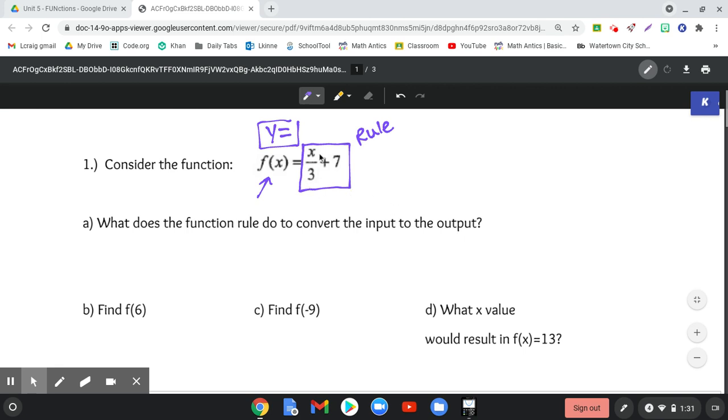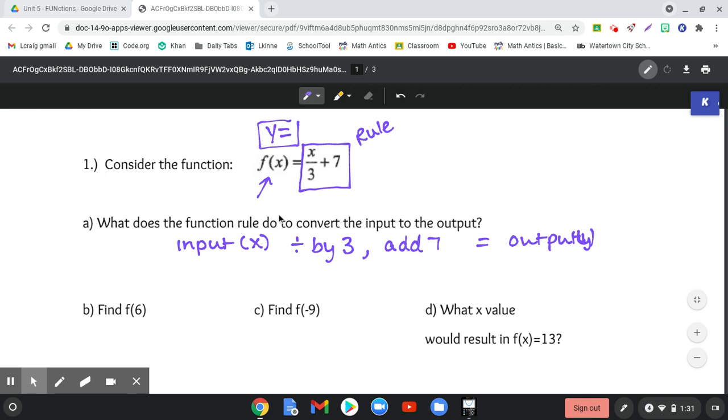Well, this rule says to take the input, which is your x value, and then we'll divide that by 3, and then add 7, and you'll get the output, which is your y value.